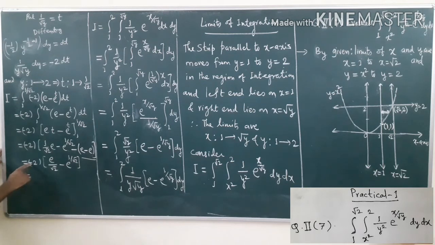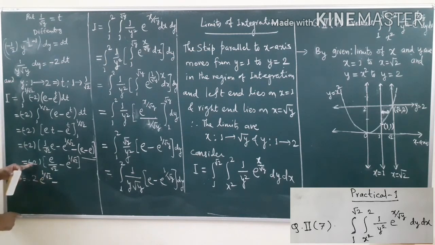Take this minus sign inside, or you may take minus 2 inside. So, minus 2 inside means this will become, I will write this term, minus minus, which will be plus first. So, this will be 2 into e raised to 1 upon root 2, and this will become minus.